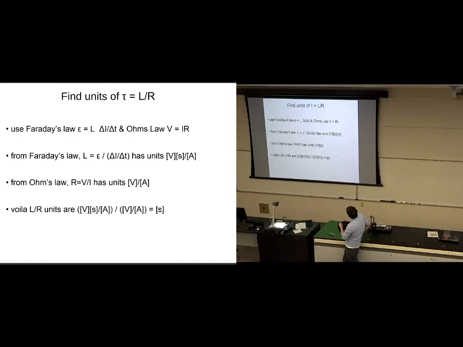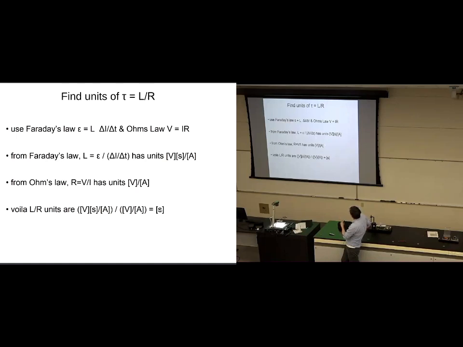From Faraday's law, this is a rewriting of Faraday's law for the self-inductance. The self-inductance has units of volts seconds over amps, just from the well-known units of current, amps, EMF, volts, and time, seconds. From Ohm's law, the units of resistance are just volts over amps.